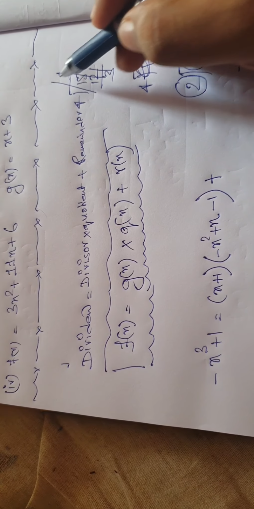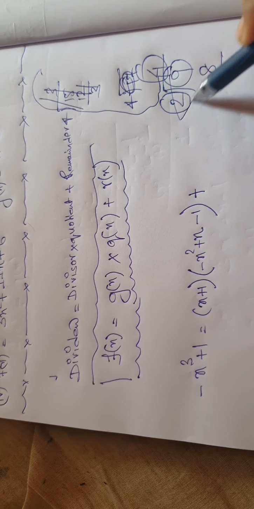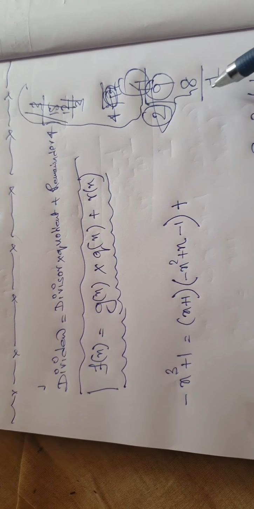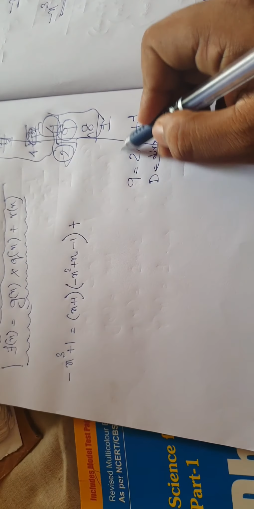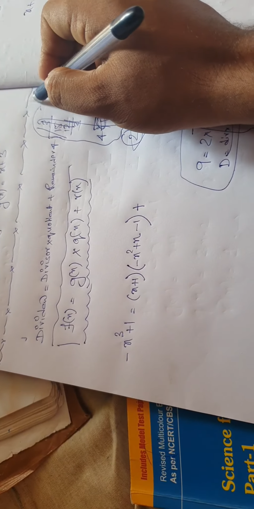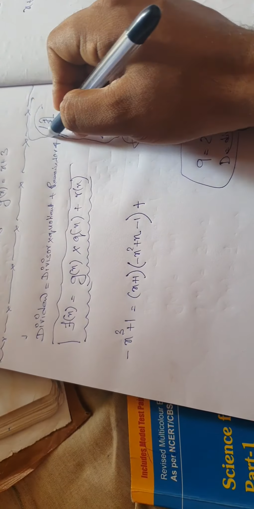So I hope that you have understood up to this much. So now we'll learn a more interesting thing. It is already a known thing, but a very interesting thing. First of all, I would like to tell you one thing: just ignore these dirty parts. Suppose you are given to divide 9 by 2.